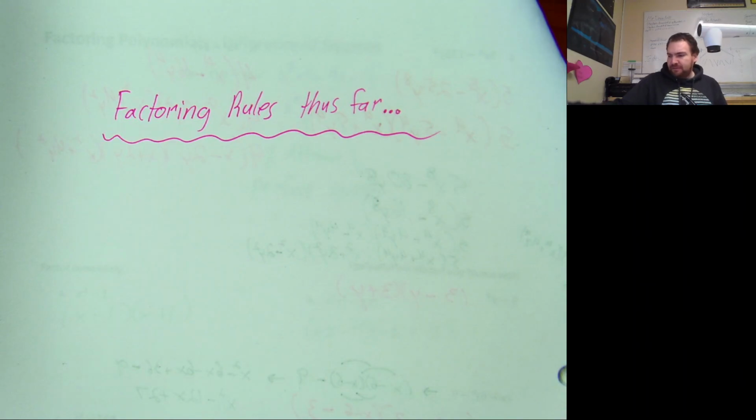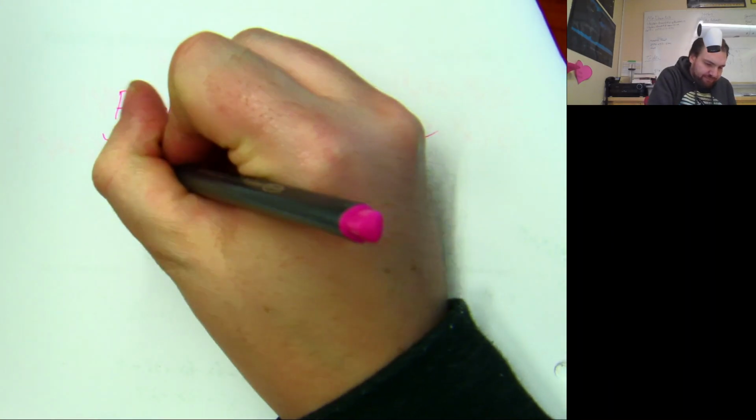That's awful. Okay, so what are the techniques we have for factoring currently? All of them. There were 3. Okay, so number 1.